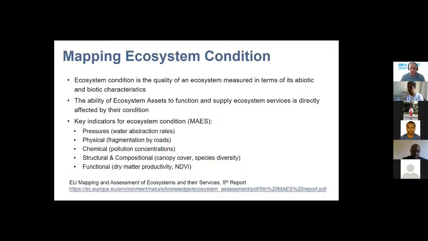So from the EU work on mapping and assessment of ecosystems and their services, the MAES program, these 5 key indicators, if you like, or groupings of different condition variables have come out. So you could look at pressures, so water abstraction rates or fishing effort or something similar.